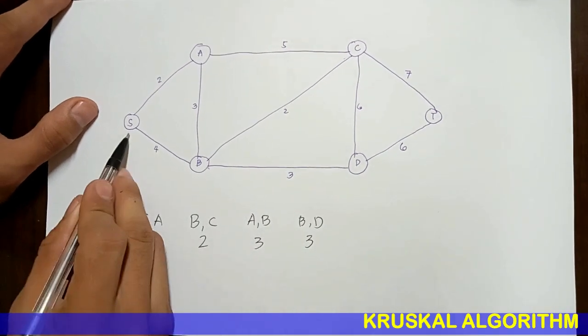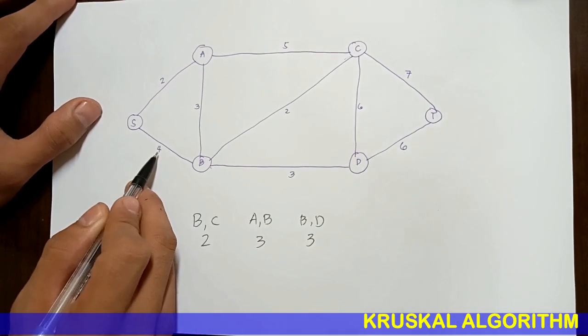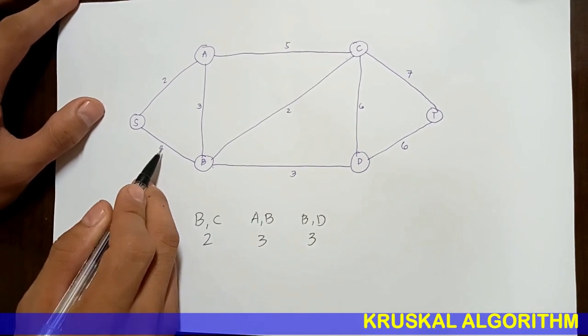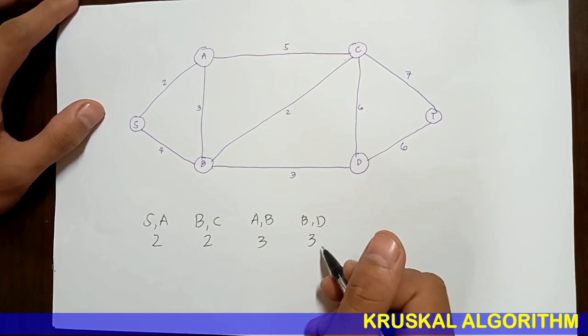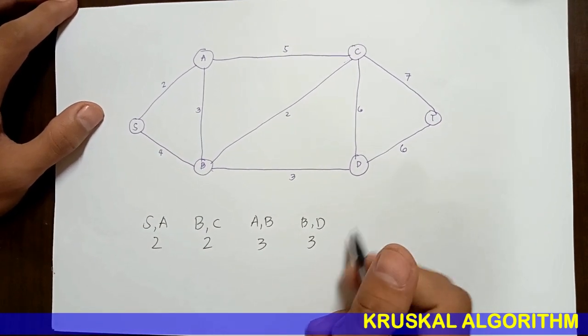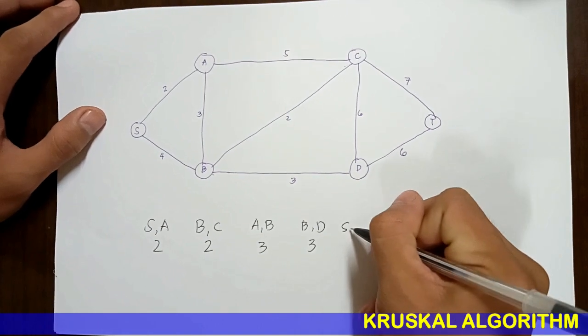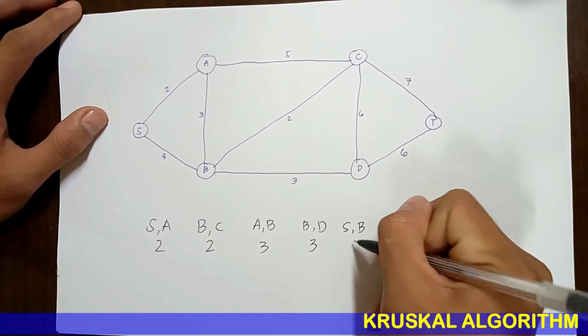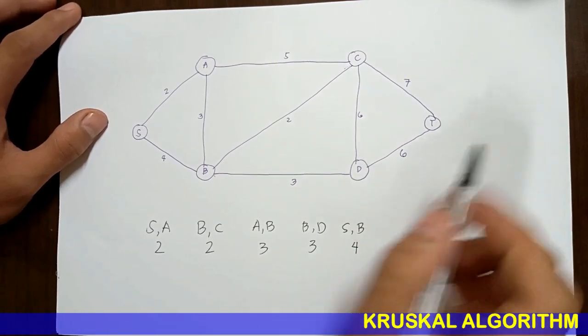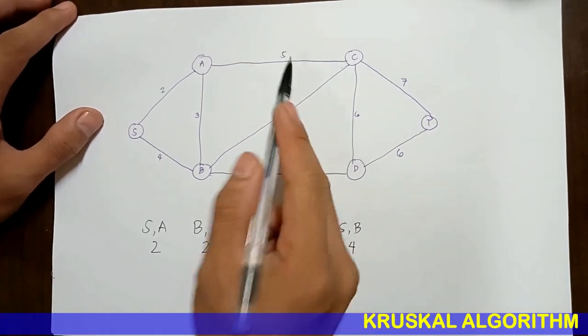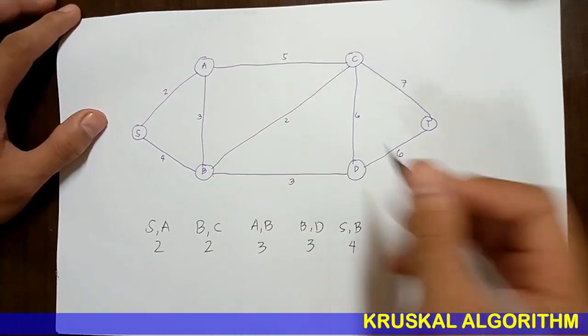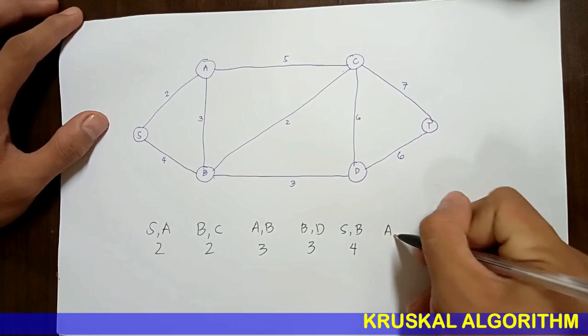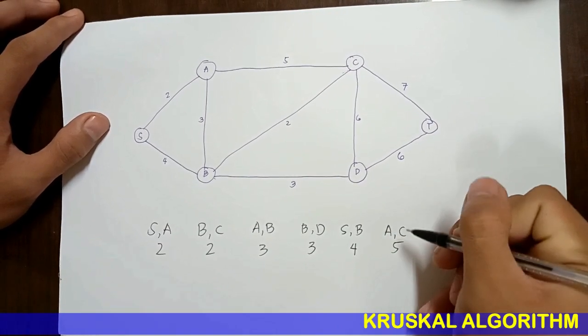The next cost is 4. We have edge SB. Next, edge AC with a weight cost of 5.